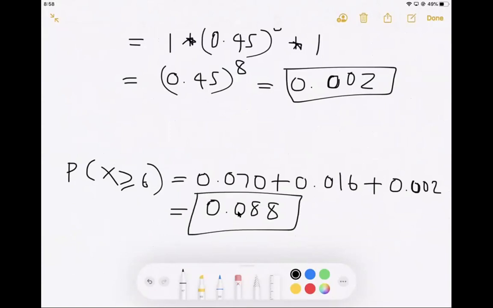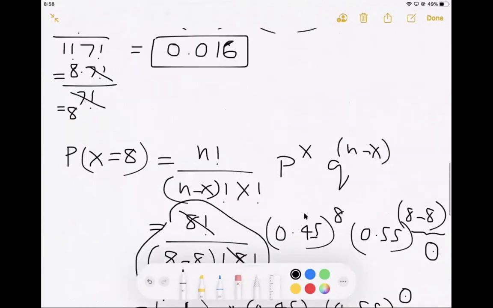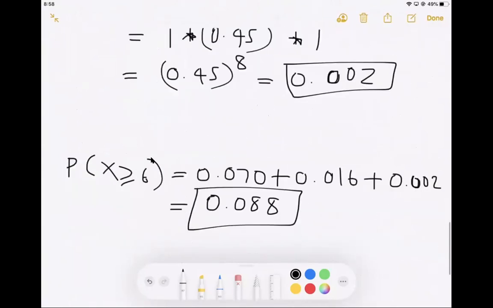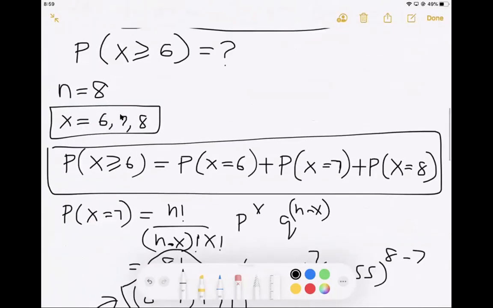Okay, 0.088. So now you know, if you have one exact x value, you can find it using the binomial probability formula. Then if you have an inequality, the first thing you have to find is the corresponding x values.